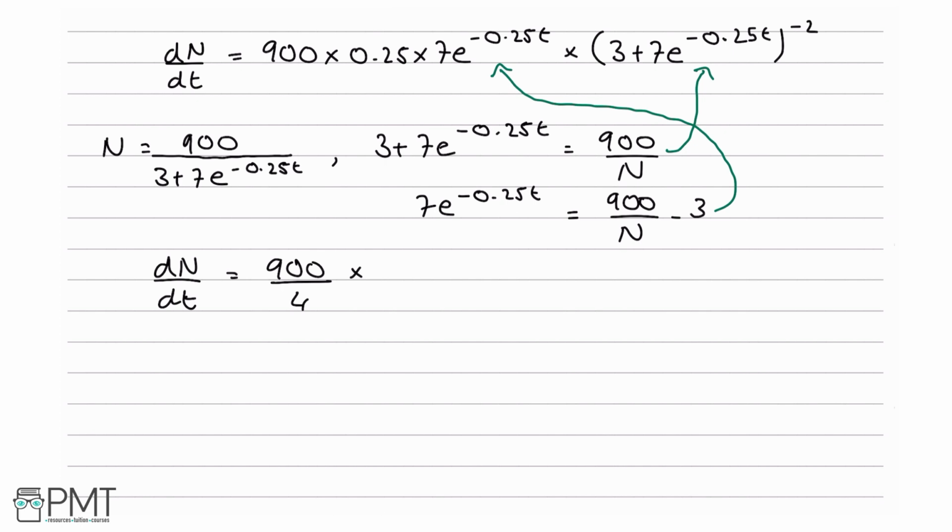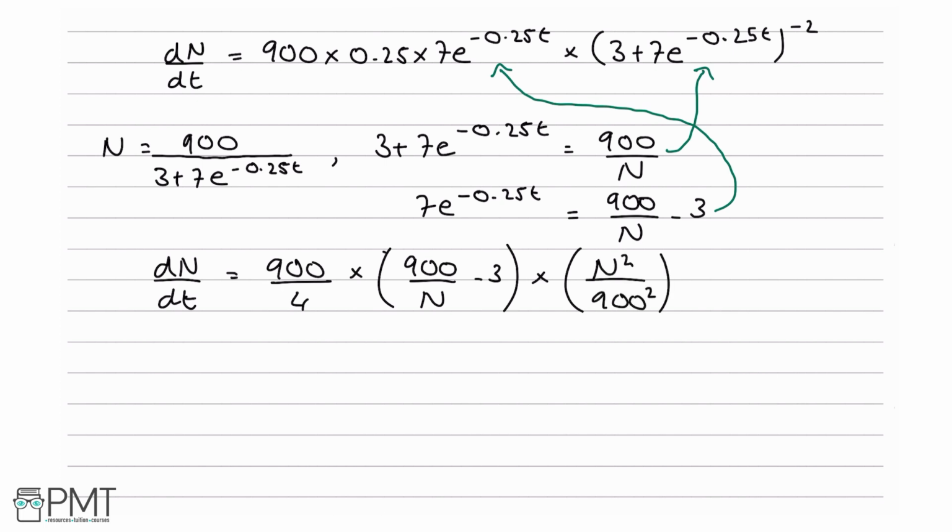We said that is going to be 900 over n minus 3, and then times, now we have 900 over n to the power of minus 2. But what we can say is that this is n over 900 to the power of 2, because the minus will invert the fraction. So we'll just end up with n squared over 900 squared, like that.